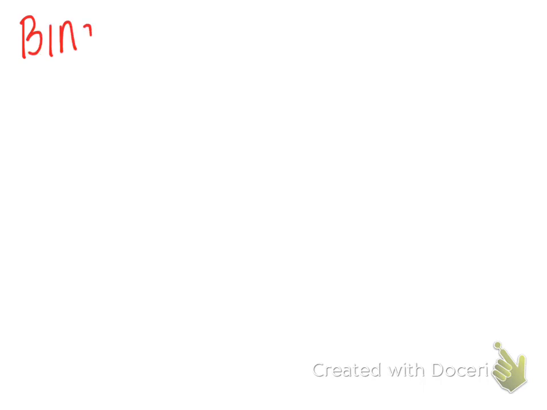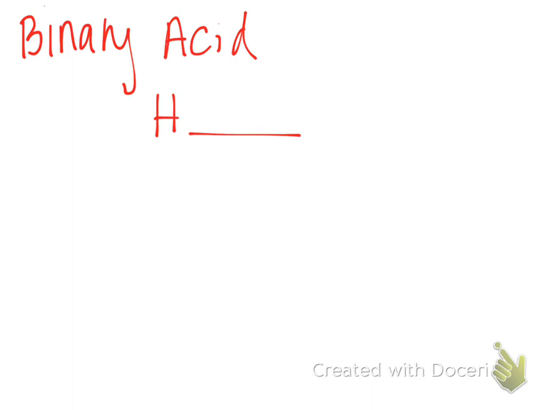So now that we know what each of these types of acids are and what they might look like, we're going to learn how to name them. Going back to binary acid, we know it's got to be hydrogen and some other element, right? Hydrogen and some other element. The way that we name a binary acid, I'm going to give you the little formula for it first, and then I'll show you some examples.